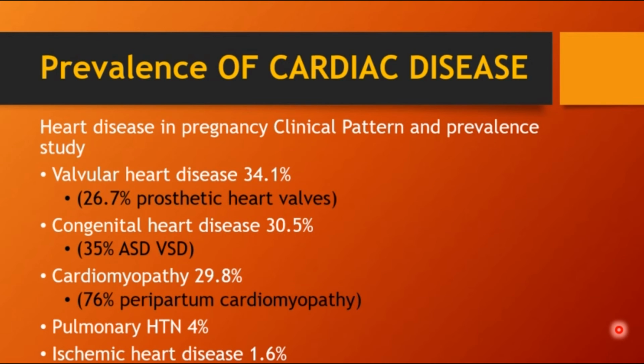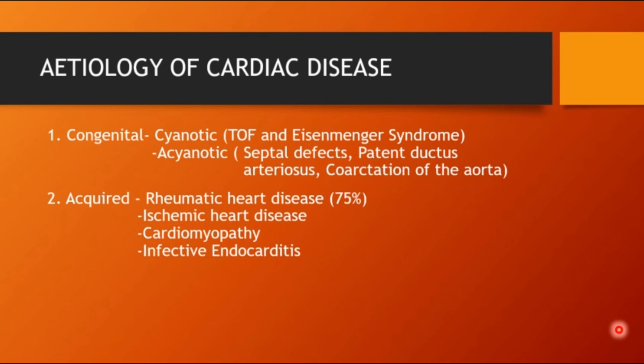In terms of the etiology of cardiac diseases, I split it up into congenital and acquired causes. There isn't much difference in terms of the etiology of cardiac diseases overall. You should bear in mind that acquired heart diseases can happen before or during pregnancy.